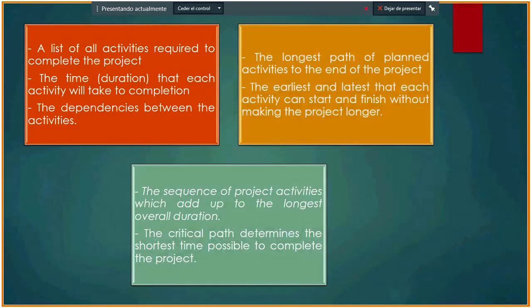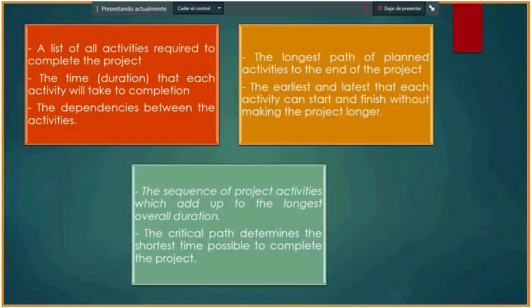Okay, the essential technique for using CPA is to construct a model of the project that includes the following: a list of all activities required to complete the project, the time or duration that each activity will take to completion, and the dependencies between the activities.